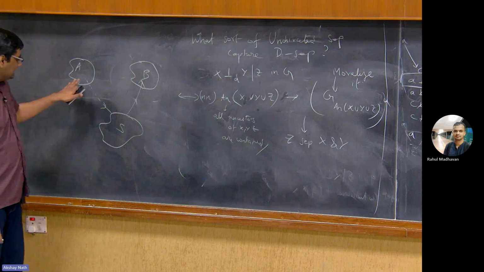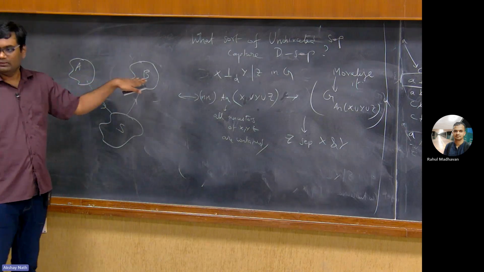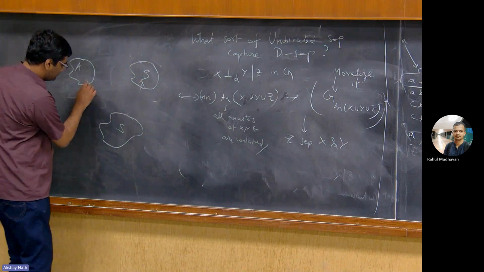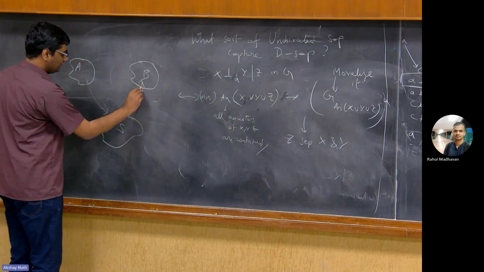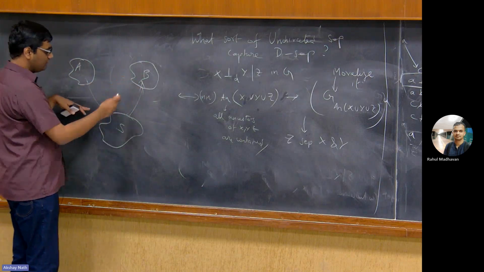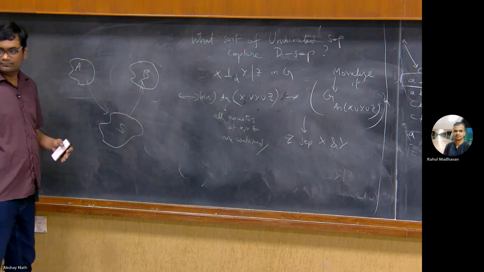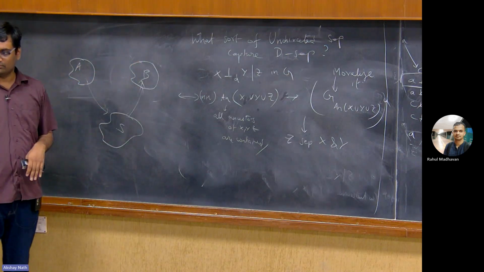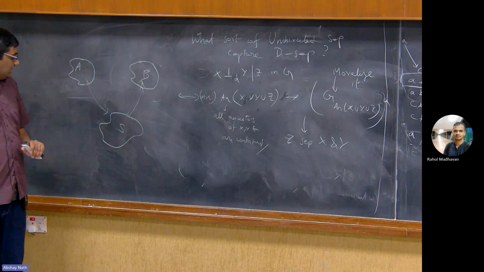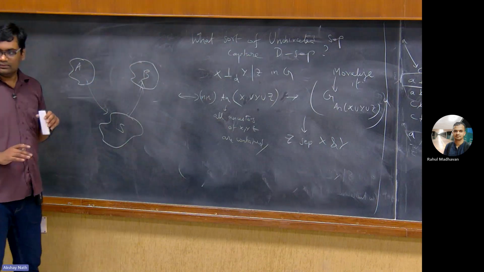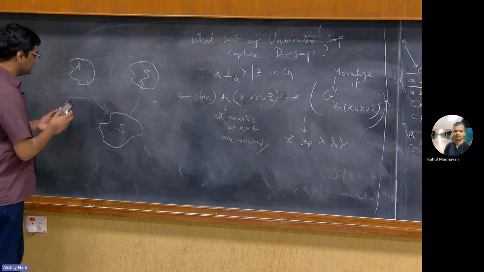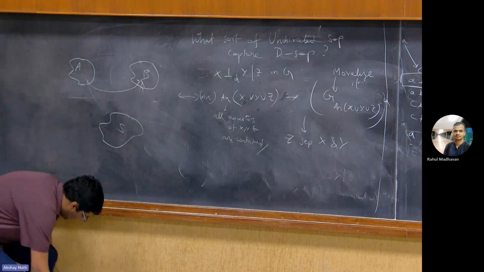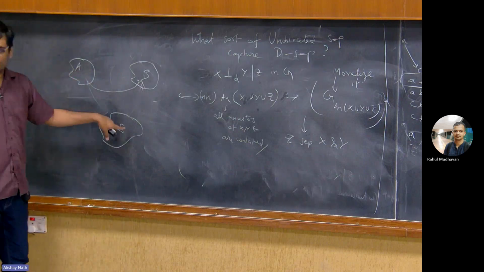It cannot happen because I said that S does not separate A and B. That basically means the path you are considering cannot actually go like this and not have any collider at all, because in that case you are blocking it. I am blocking it, so I'm not allowing them to communicate at all. So this cannot happen. The only thing that can happen is it will avoid S completely. But that's not a very interesting case. I'm more interested in a case where the path intersects S.